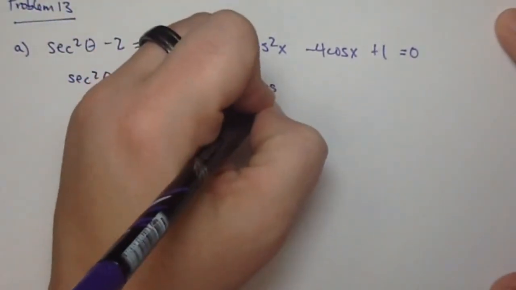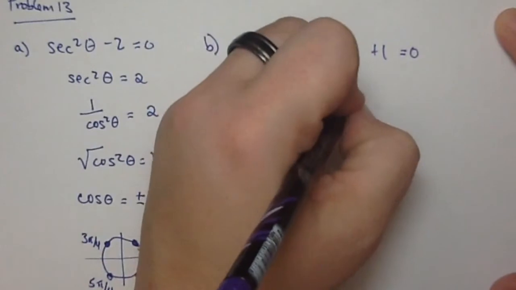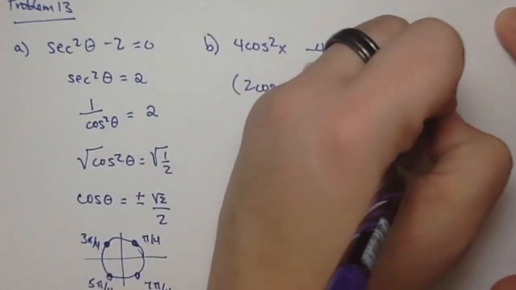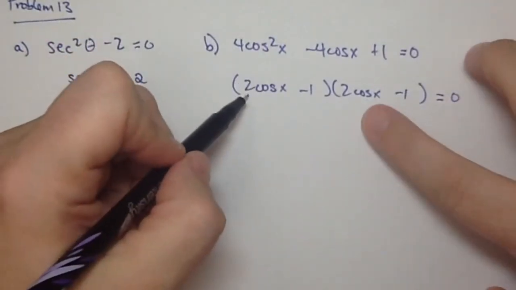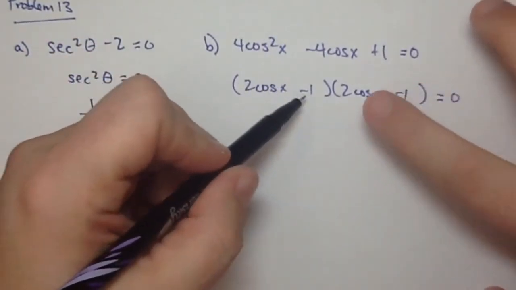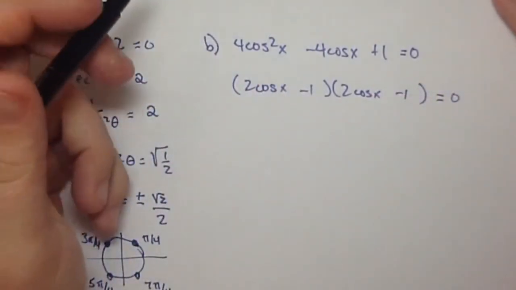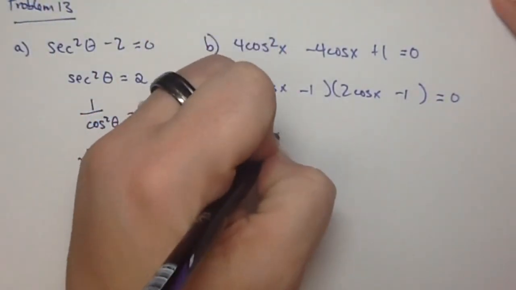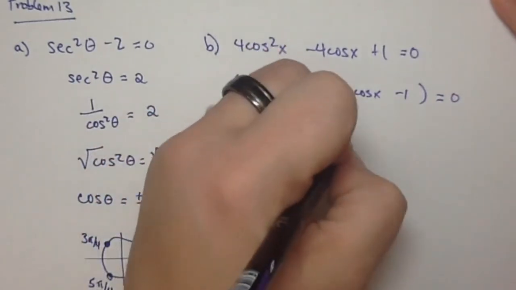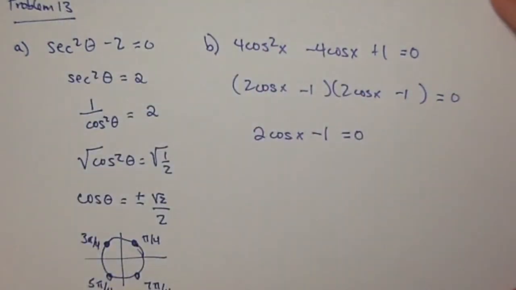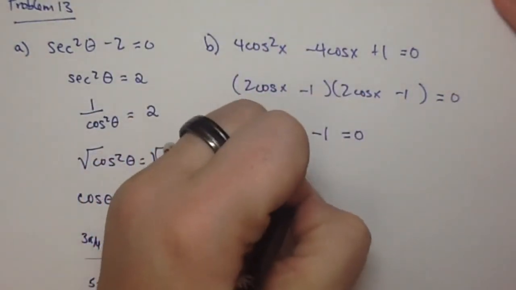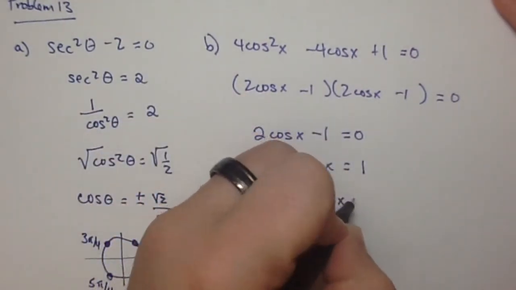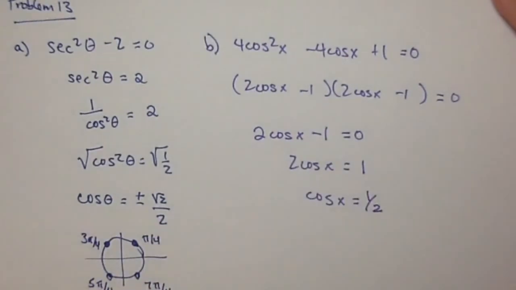So 2 cosine x minus 1 times 2 cosine x minus 1. Double check. 4 cosine squared minus 2 minus 2 plus 1. Yep, that's right. So that means that 2 cosine x minus 1 has to be 0. So 2 cosine x is 1, or cosine x is 1/2.